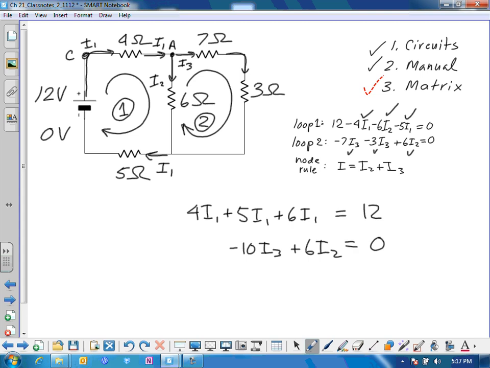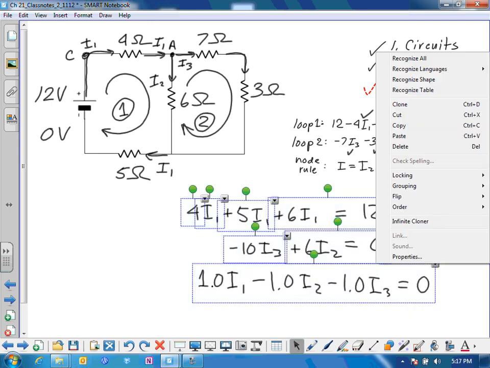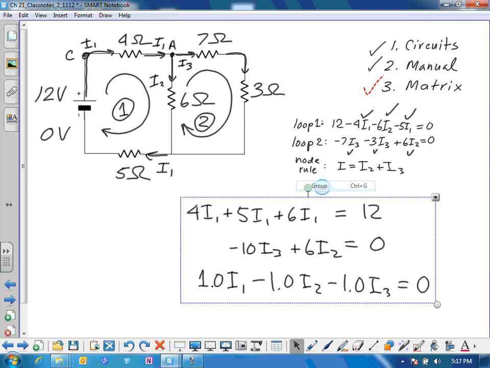And then finally, by rearranging our equation for the node rule, we have 1.0 I1 minus 1.0 I2 minus 1.0 I3 equals 0. So we've simply taken what we had before and re-expressed it in a different form.